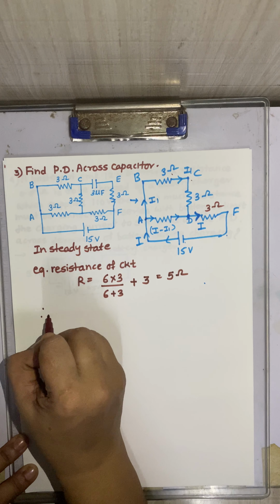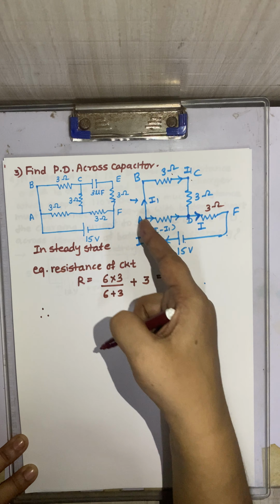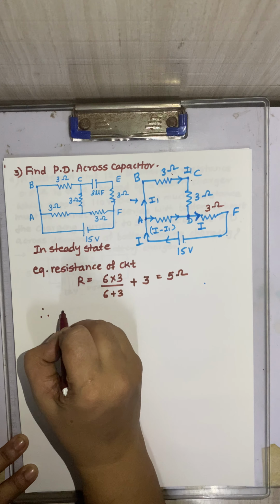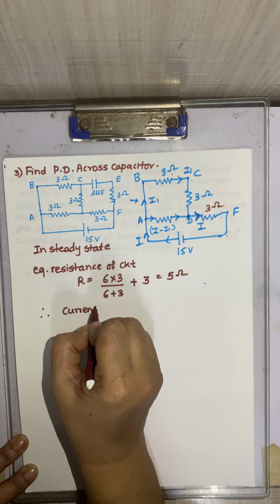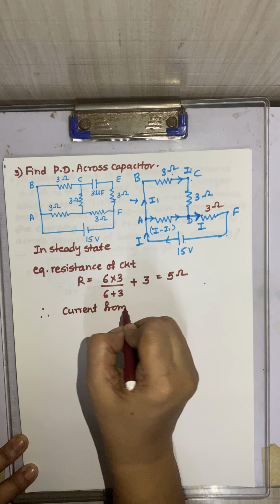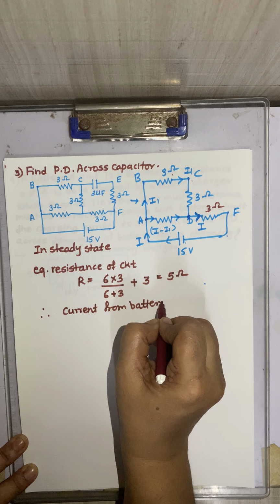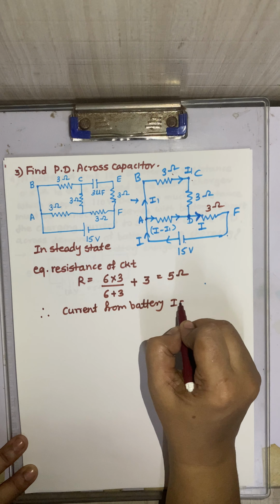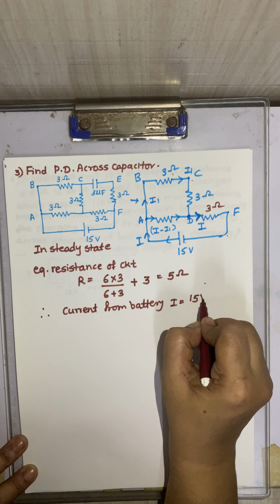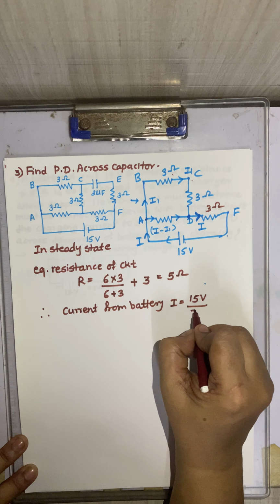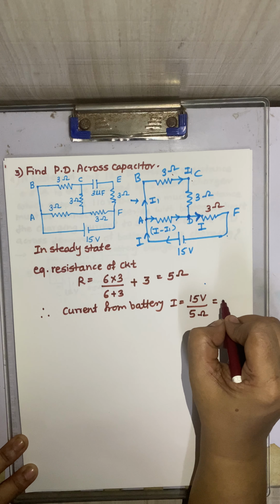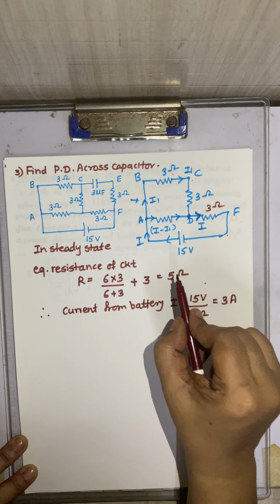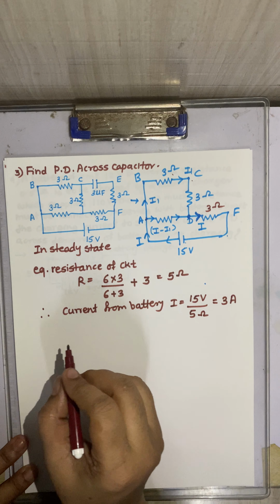Therefore this is the total resistance of the complete circuit, and the current drawn from the battery is I equal to 15 volt divided by the net resistance of 5 ohm. So I get 3 ampere. That means 3 ampere current is flowing through the circuit.